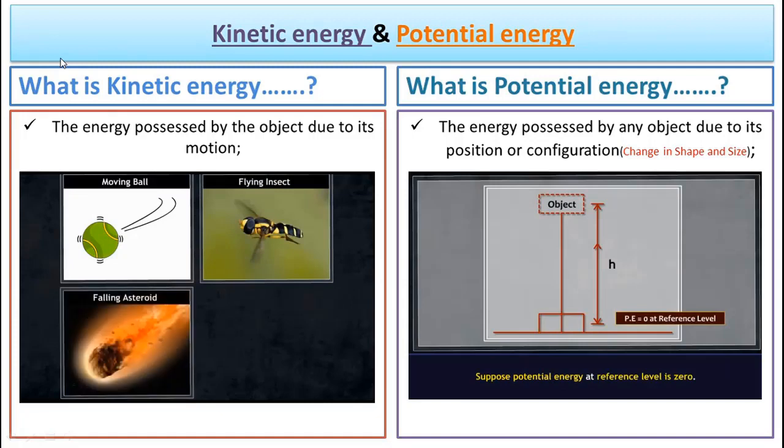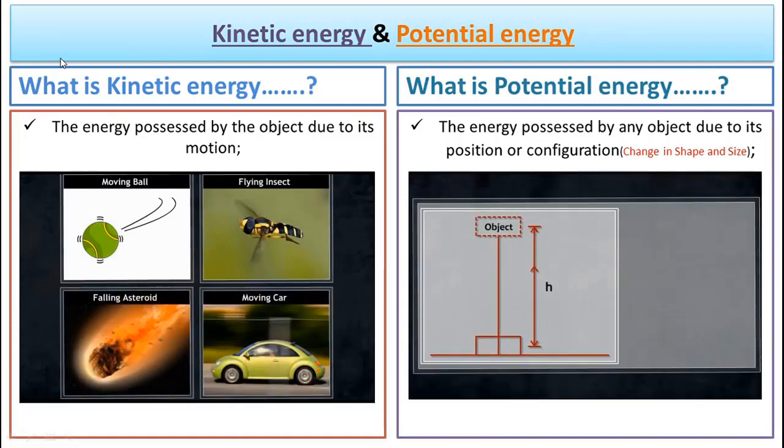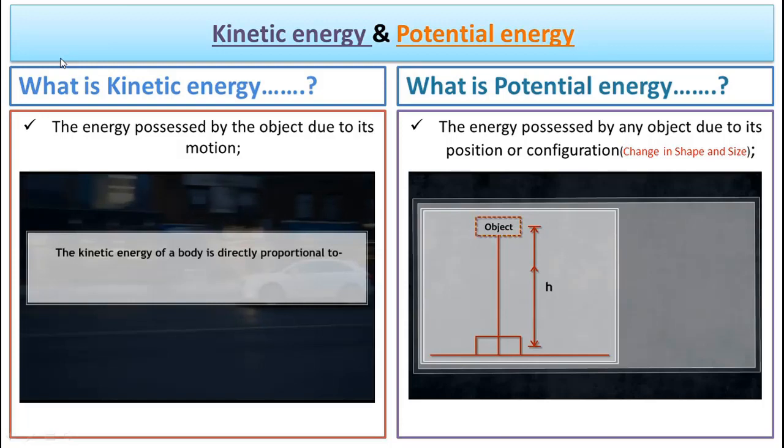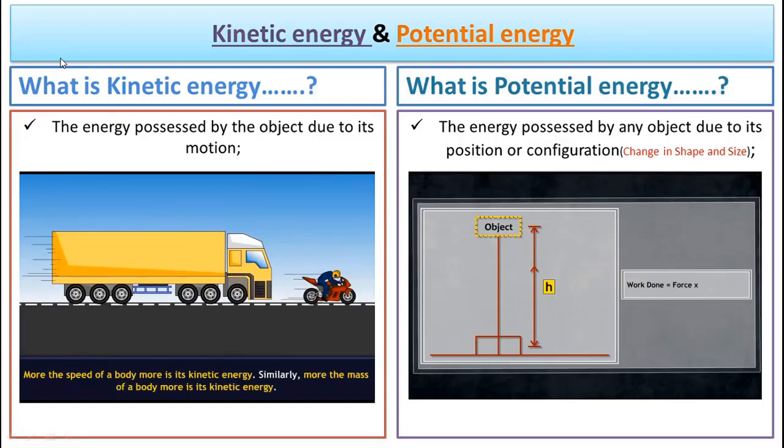Suppose potential energy at reference level is 0. A force having a magnitude equal to gravitational force acting on it is applied and the body moves in the opposite direction. If the body moves to a height h, then work W is equal to force multiplied by displacement.